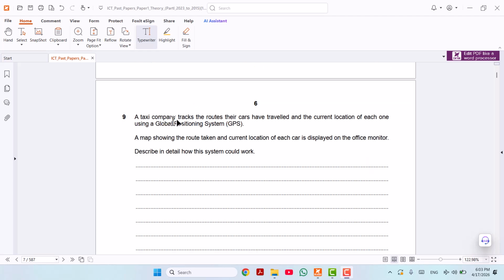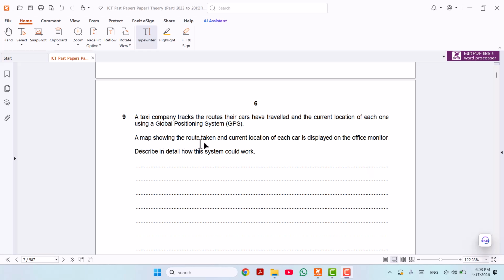A taxi company tracks the routes their cars have traveled and the current location of each one using GPS, global positioning system.